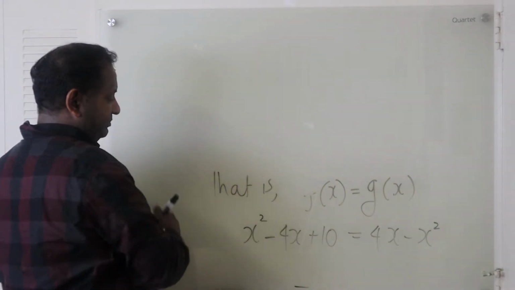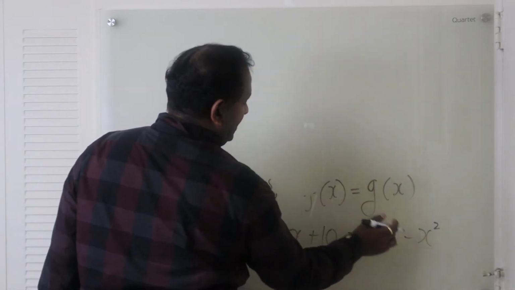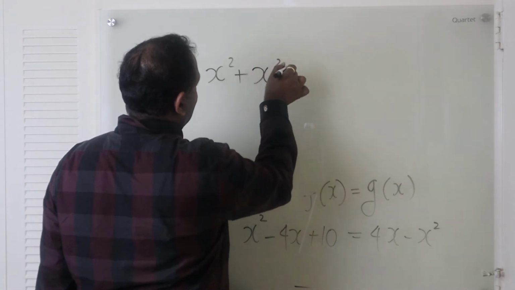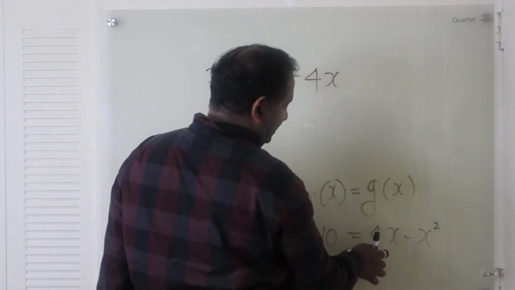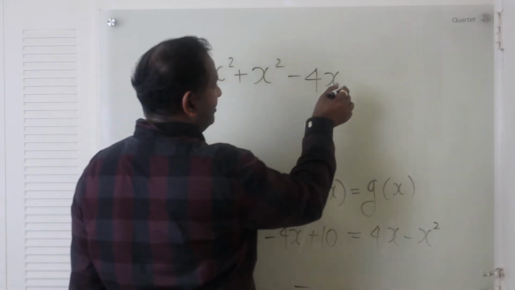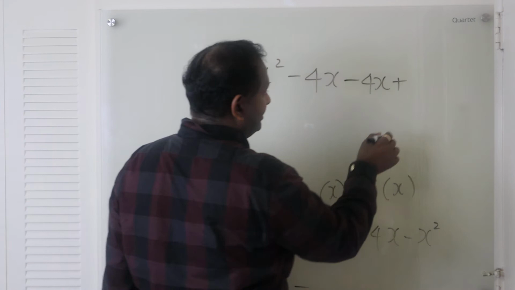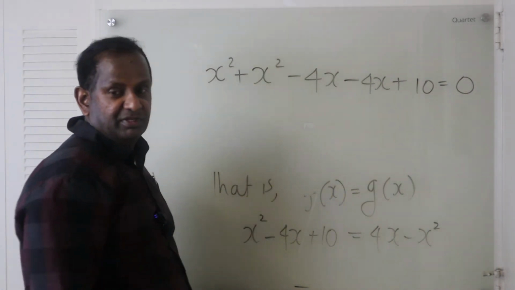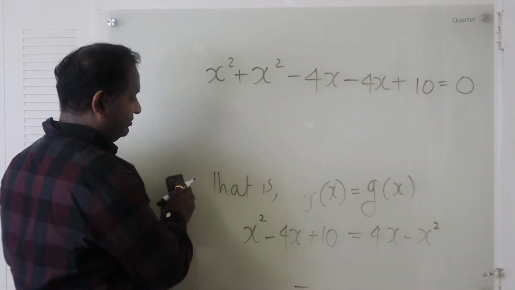So I have x squared plus x squared, because I'm bringing this one to this side. I already had minus 4x here. I'm going to bring this 4x to the other side, and that also becomes minus 4x. Plus, I already had 10, equals 0. So you're left with just 0 on the right hand side.